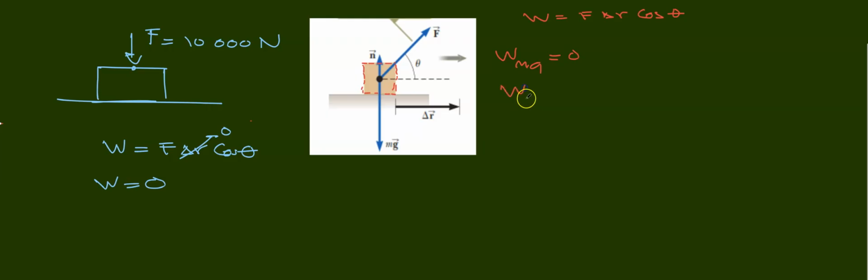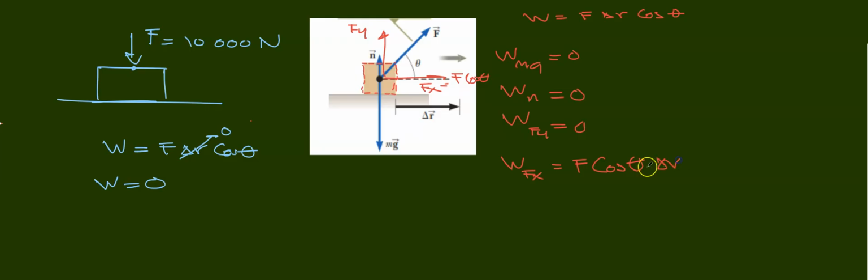The work done by the normal is also zero because, again, it's perpendicular. The work done by the vertical component of the force in y is zero. And the work done by the force in x is F cosine of theta, which is my force in x, that's Fx, times delta r. So that's what it is. Only the horizontal force does work. Only the force parallel to the displacement does work.